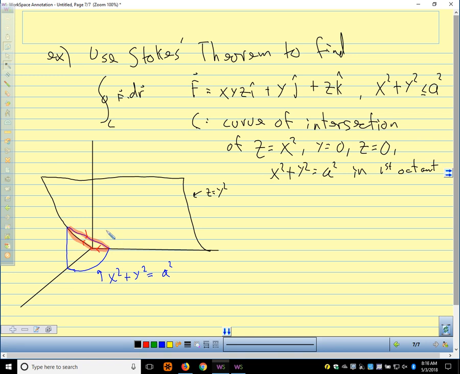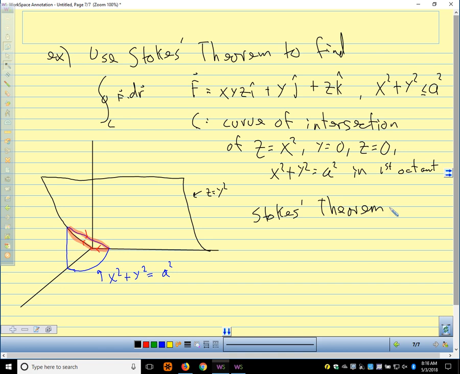But, hey, guess what? We can use Stokes' theorem. If we use Stokes' theorem, what is our surface? That's a good question. Stokes' theorem says that for the line integral, we can do the surface integral over the surface that is bounded by the curve.